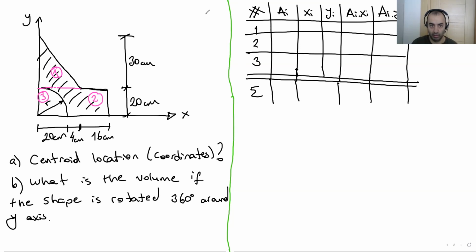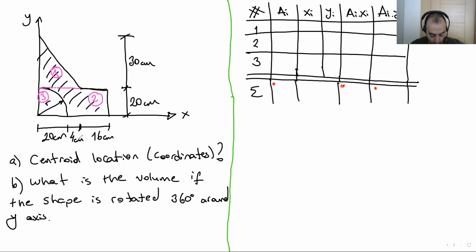We need to calculate this box and this box, remember. So here we go. We have a triangle here, as you can see. For the triangle, the area is 30 times 24 over 2.